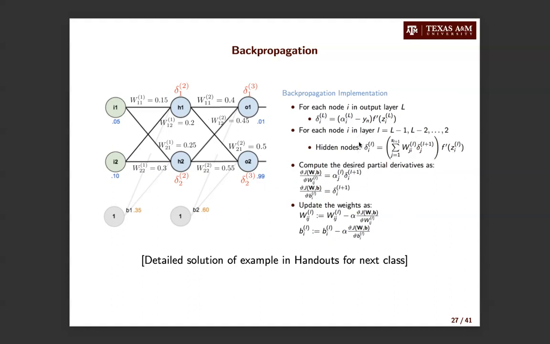Once we have computed the errors at the intermediate layer, we again recompute the weights that connect the input layer with the first hidden layer. And these updates again are performed via this update rule, meaning by computing again the first order derivative of the optimization function with respect to each of these specific weights.